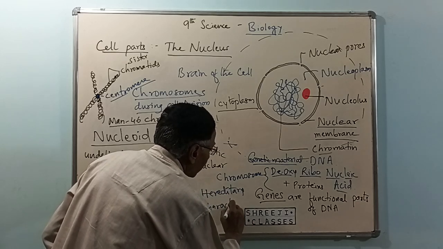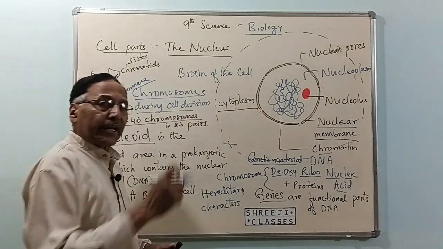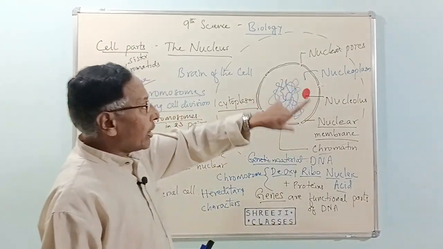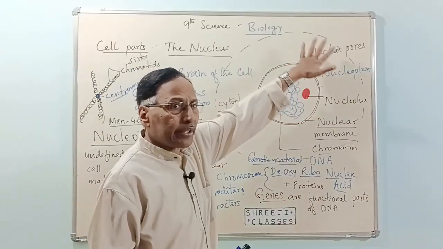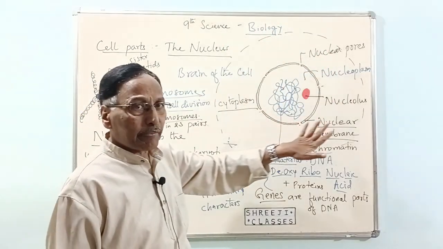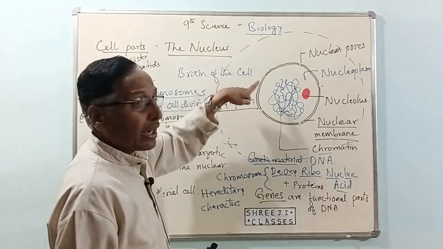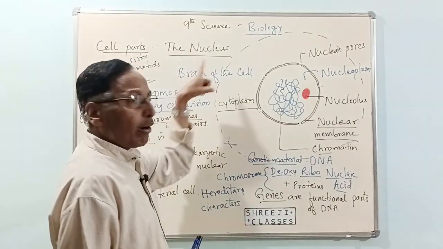And this controls all the activities of the cell. For that reason, nucleus is called the brain of the cell.